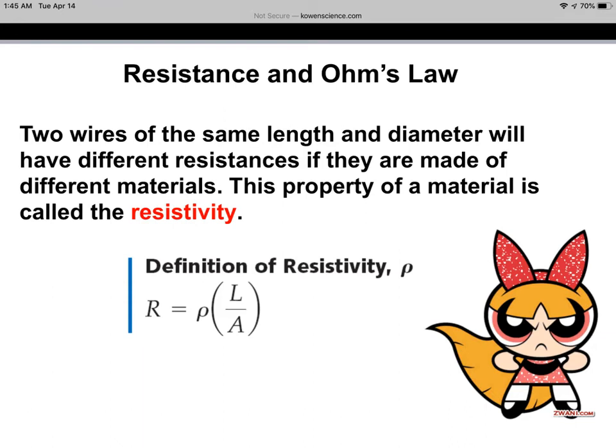When we look at resistance in Ohm's law, two wires of the same length and diameter will have different resistance if they're made of different materials. This is a property known as resistivity. The definition of resistivity uses this symbol right here, so that our resistance would use this formula right here.